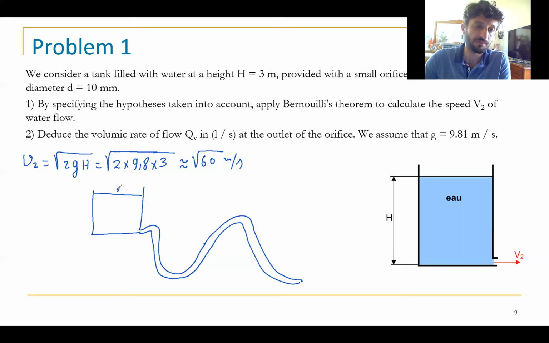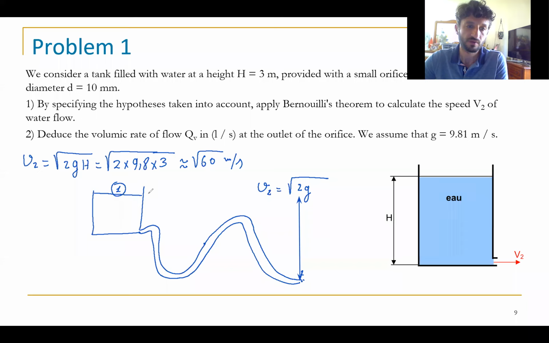If we have point 1 here and point 2 at the outlet, you can say V2 equals radical 2g times the height between the in and the out, which you can call h, small h, between 1 and 2.